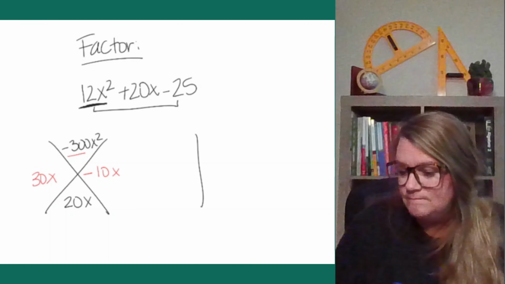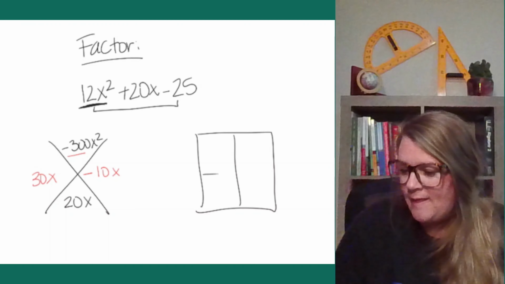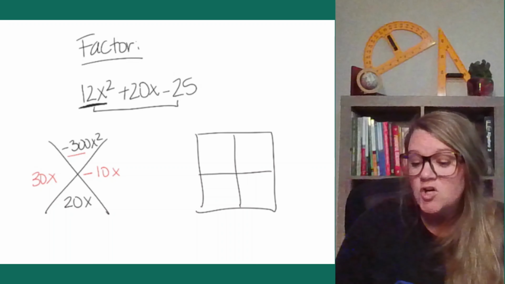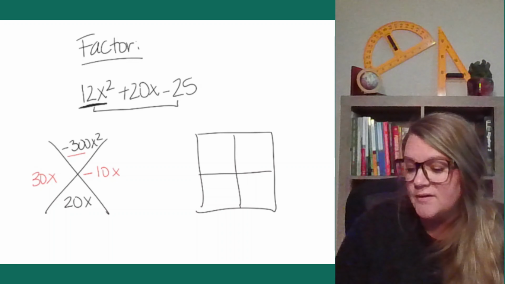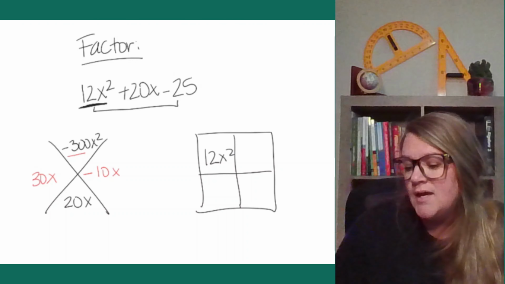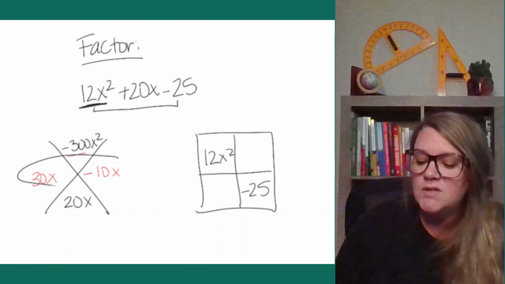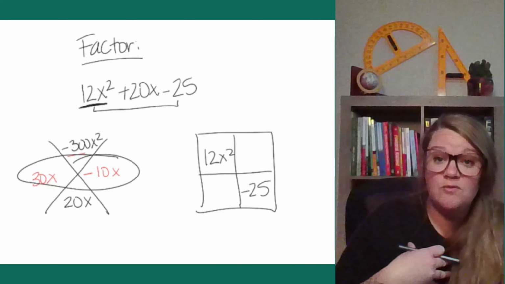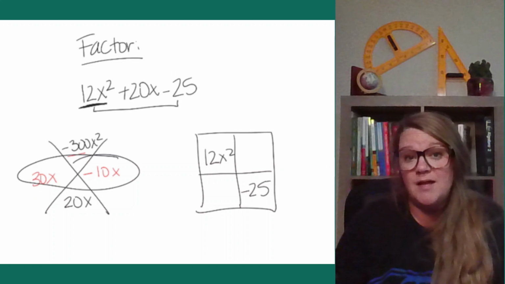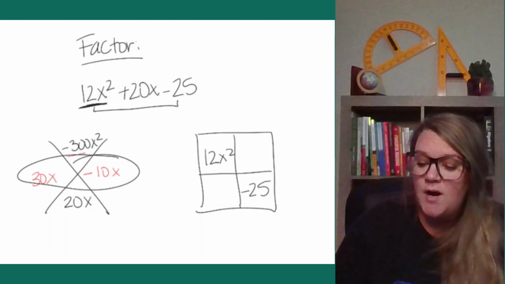Let's do the box. Remember, the top left corner gets that first term, 12x squared. Negative 25 goes in the bottom right corner. And then the 2 that I found from thinking of what multiplies and adds, those go in the other 2 boxes.